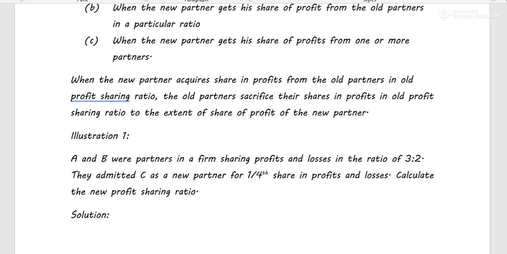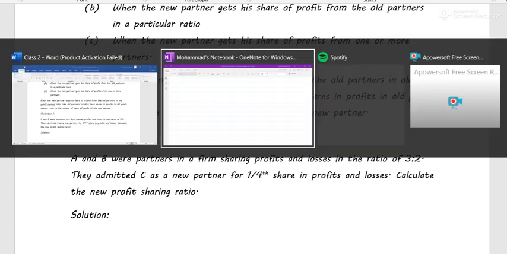They decided to admit C in the partnership firm, and they told that C shall get 1/4 of the profits. Now before starting the sums, you have to make it clear that the whole profit is supposed to be 1.